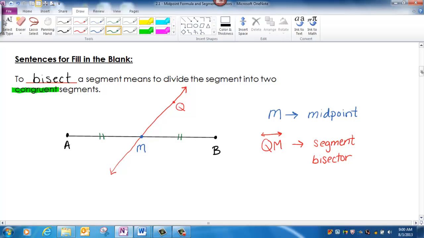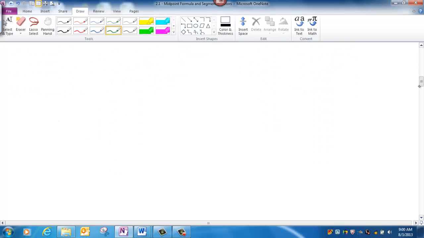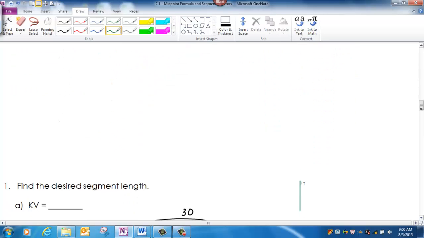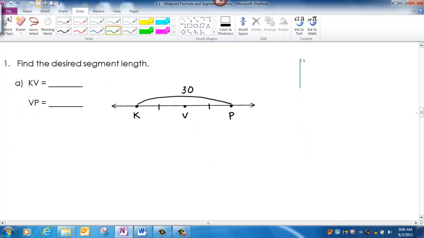Okay, let's try some examples. First one, find the desired segment length. Well, you can see here that there's a slash mark at KV and also at VP to let you know that those are equal to each other.